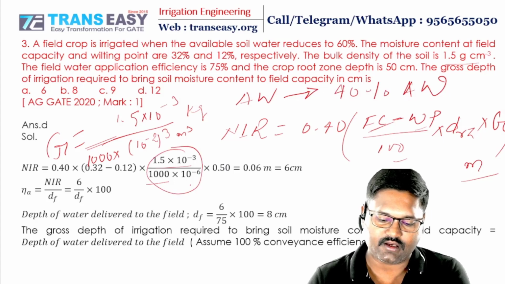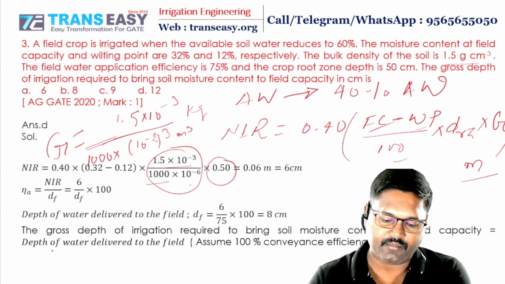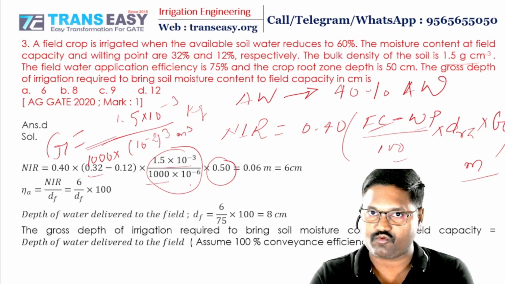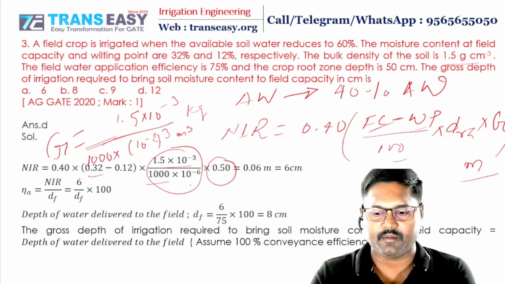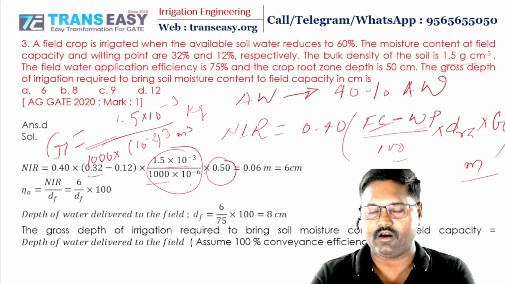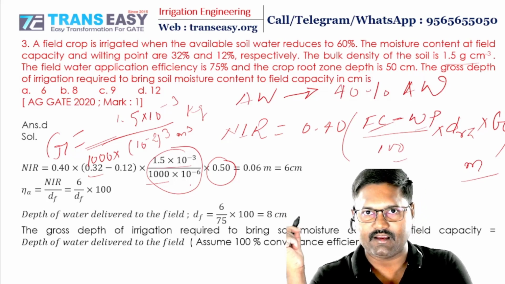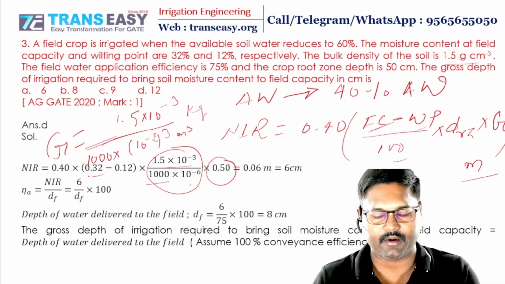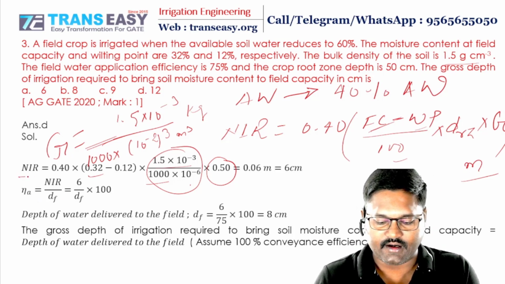So this is G. This is root zone depth, field capacity, moisture content and field capacity on weight basis. Weight basis term is not given in the problem, but due to availability of bulk density we will assume this is weight basis, feel this by common sense. So net irrigation requirement is calculated as 6 centimeter.